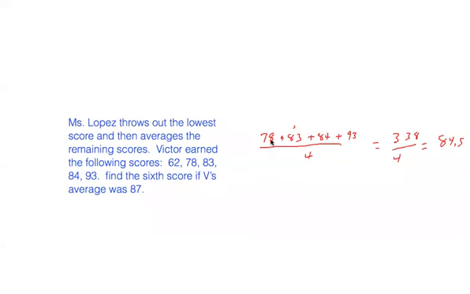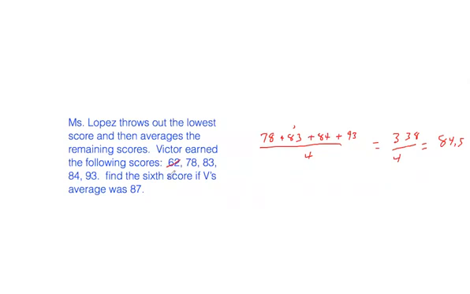Notice what we did the last time. We took all the total of the scores, we crossed out the 62, and so we'll do that again. We cross out our 62 and find the 6th score if Victor's average was 87.